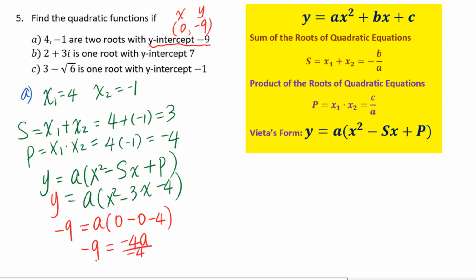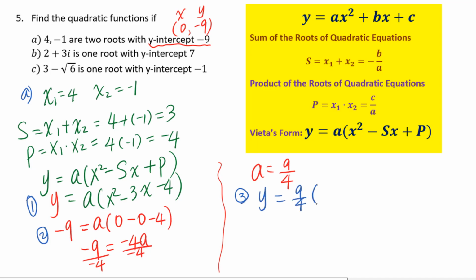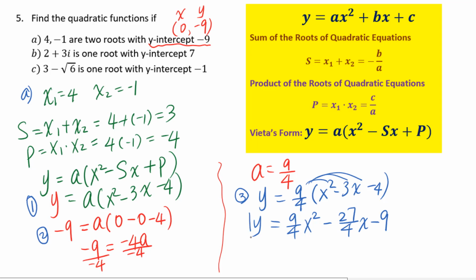Divide by -4 on both sides. We will get a equals 9/4. Then the third step: y equals 9/4 times (x squared minus 3x minus 4). Do the distributive property: 9/4 x squared minus 27/4 x, then minus 9. The quadratic function will be this.